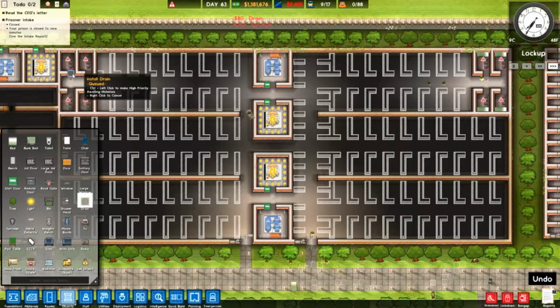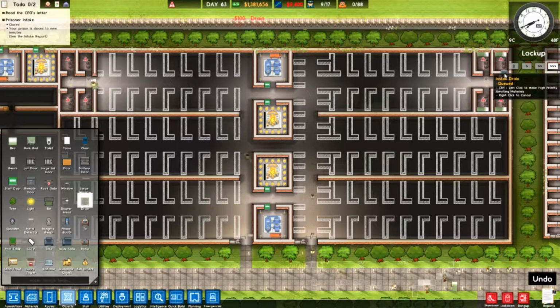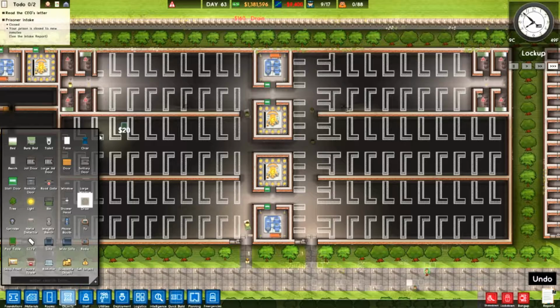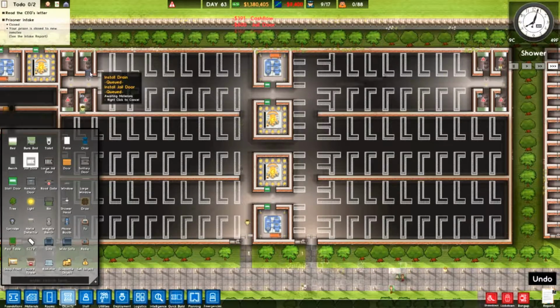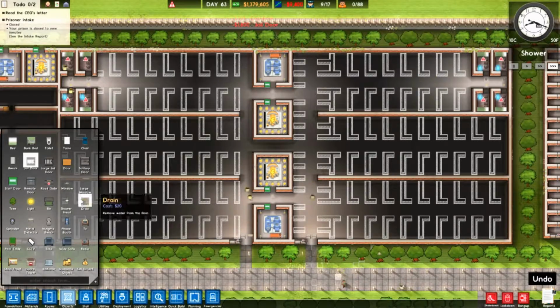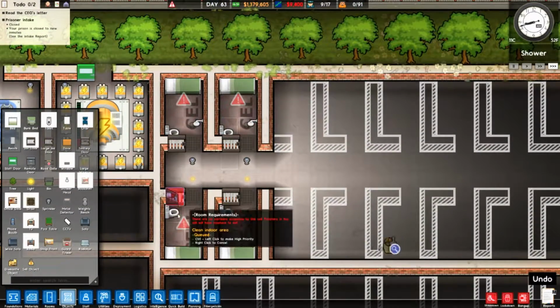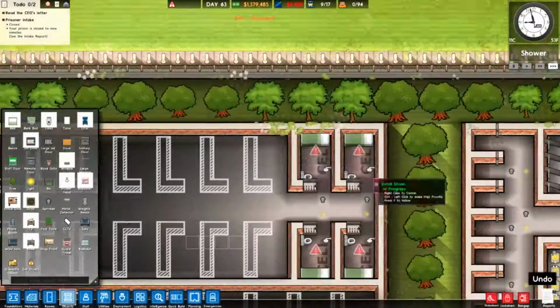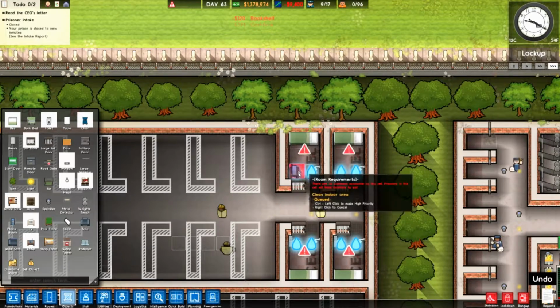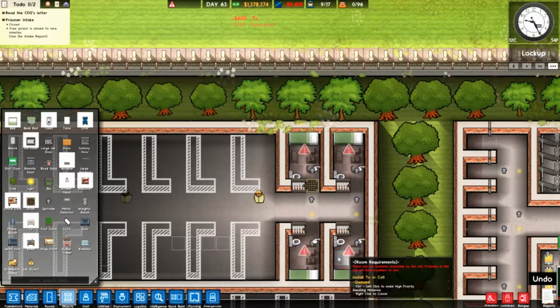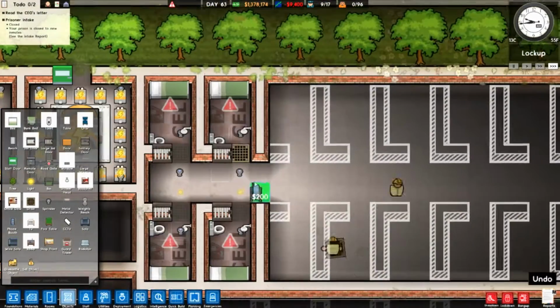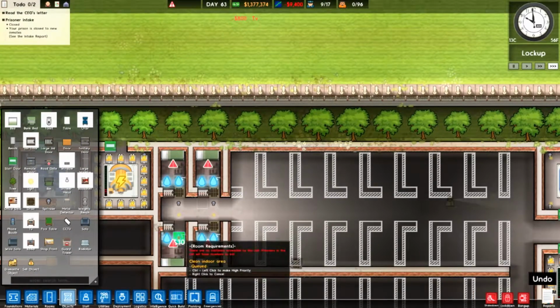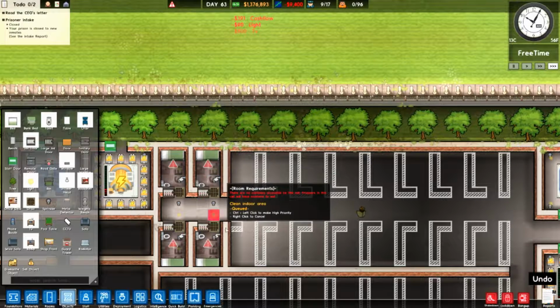We're going to place a drain in the doorway so that the water from the shower won't flow from the cell into the hallway. Of course, each cell needs a jail door. We are going to give each cell a bookshelf and a television. Oh yeah, and of course a light.